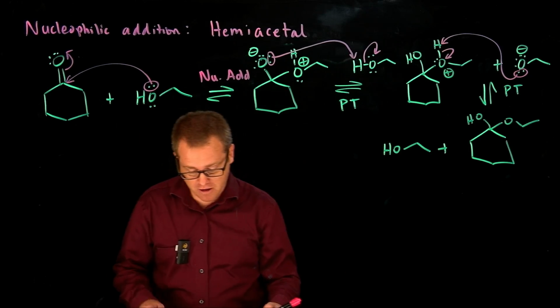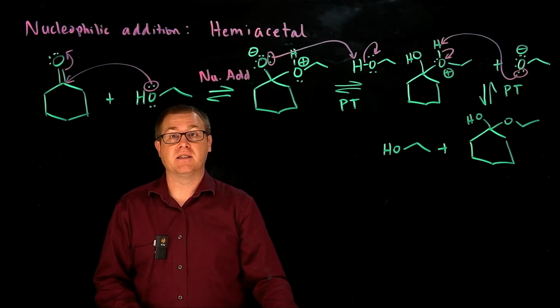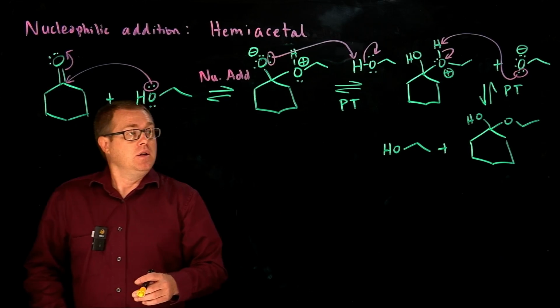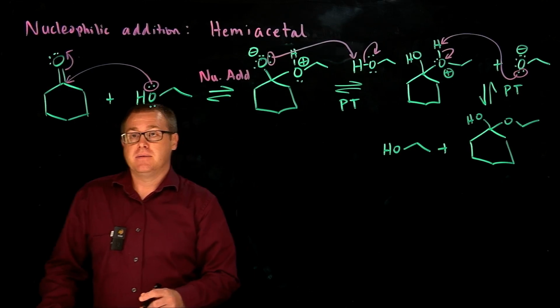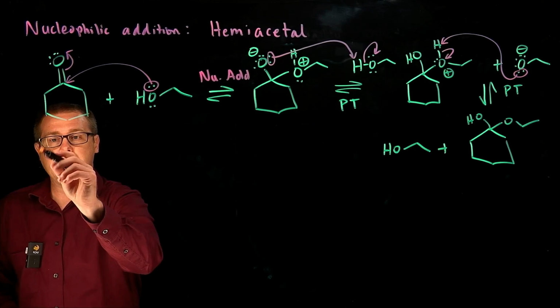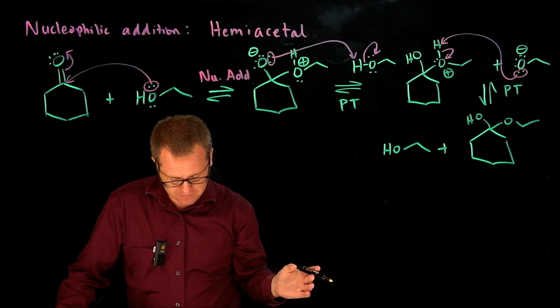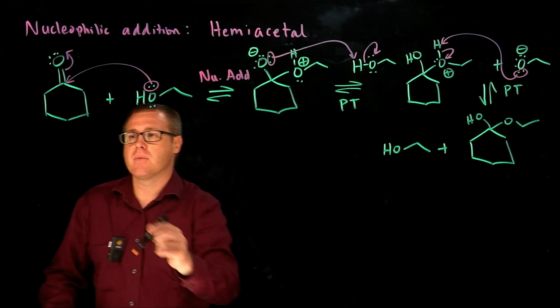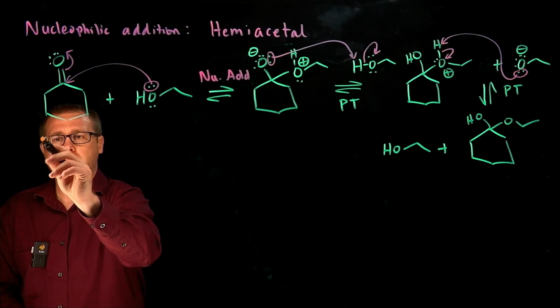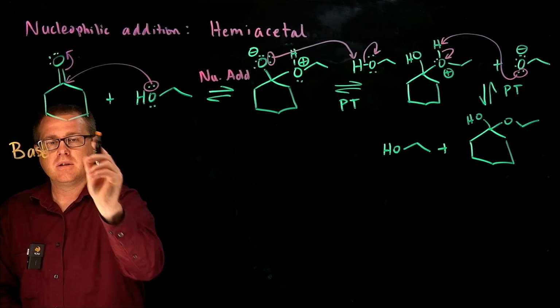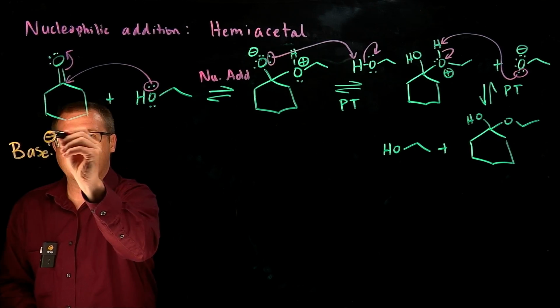Now let's compare it when we add some base to it. So when we add base, what's going to happen is that the base, let's just say sodium hydroxide. We'll just do a generic base. We'll have some base there that's negatively charged.